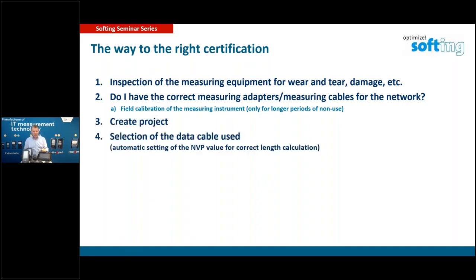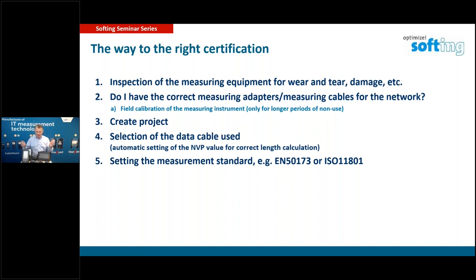Then create the project. You have to select the data cable, and it will automatically choose the right NVP, which is the important value for the correct length calculation. Then set the measurement standard. If you are on the European side, choose the EN, the European standard, which is called EN 50173.